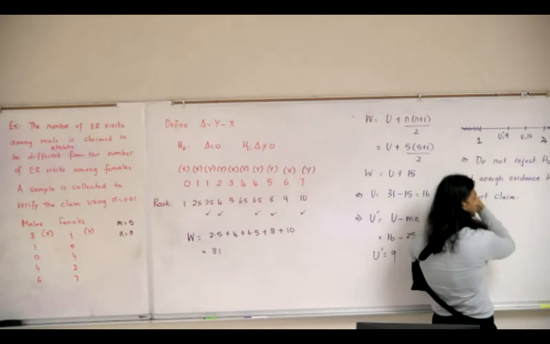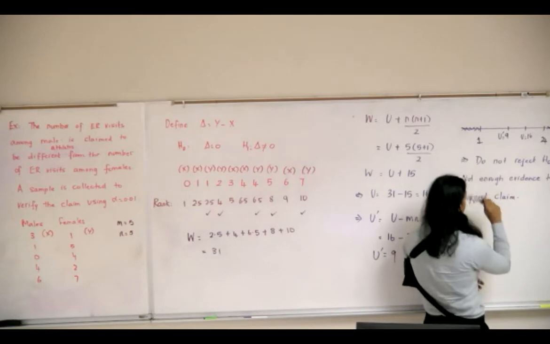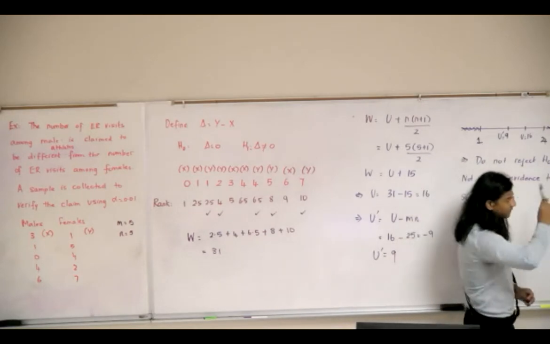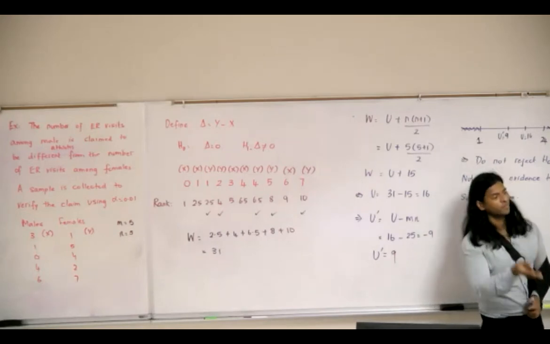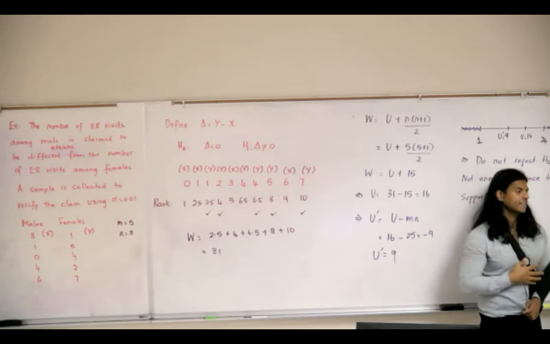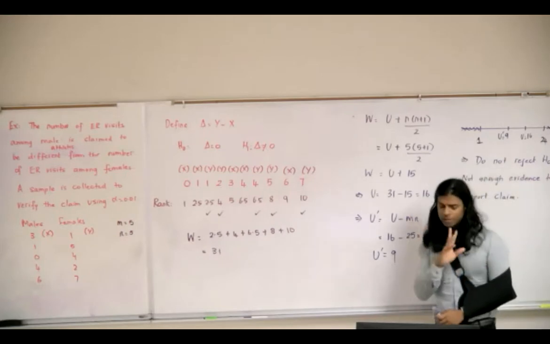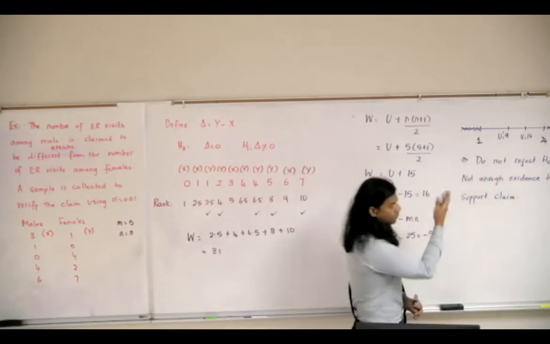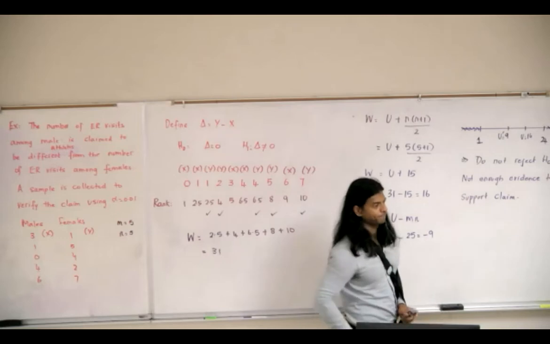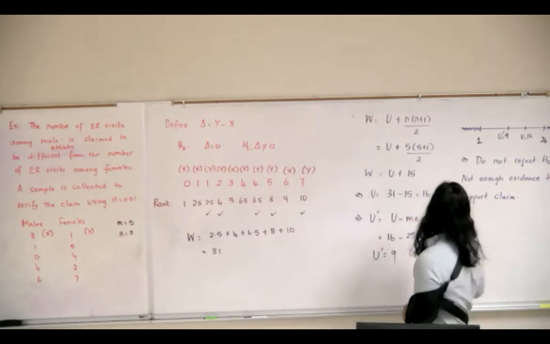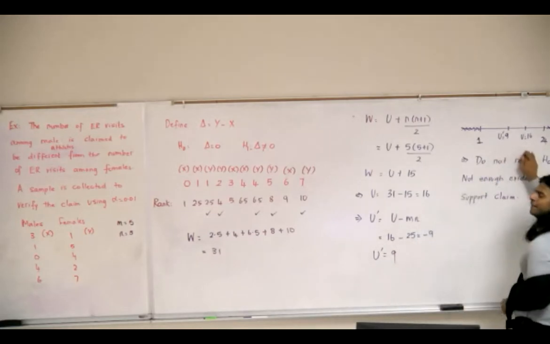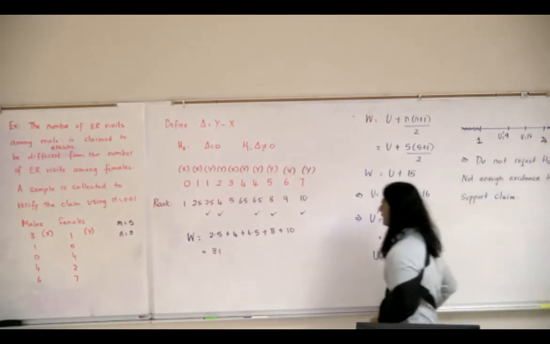If U prime rejects the null or doesn't reject the null, the conclusion would be exactly the same with U. They are symmetrical. So whatever happens on this side is going to happen on that side. So you don't have to test for both. One will imply the other. Good. I just put both in here because it's a two-tailed test.